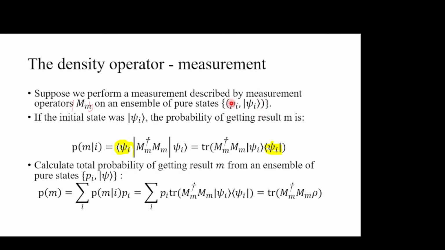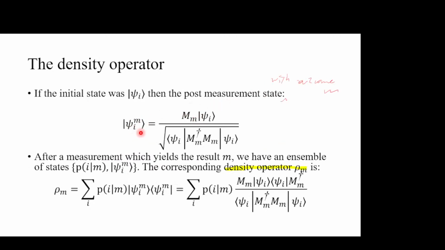So the weight between those psi_i^m is not just p_i, it's going to be p_i conditioned on outcome m. So our post-measurement density matrix should be the summation over i of the probability of i given that your input state is psi_i and outcome m.